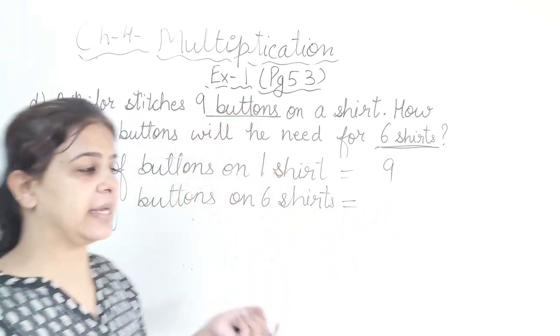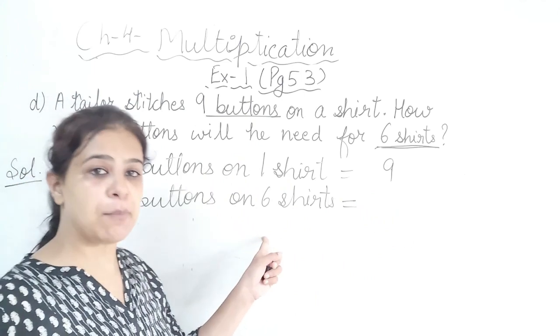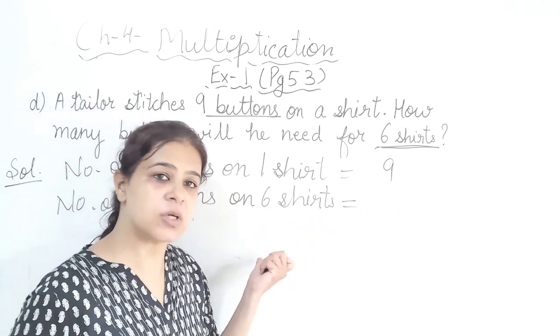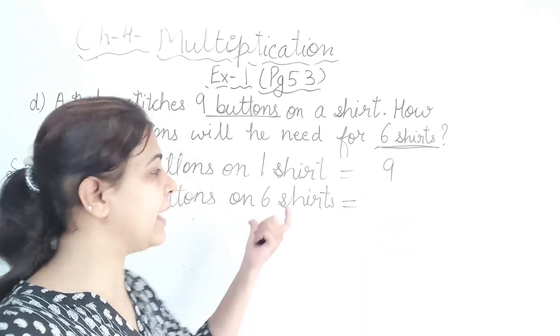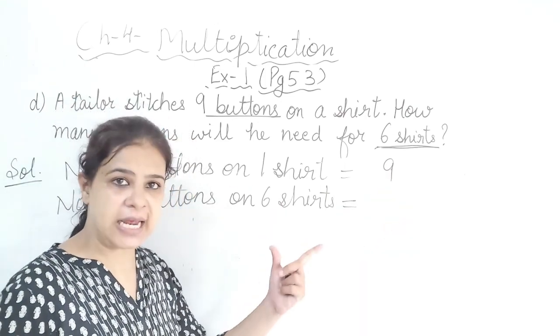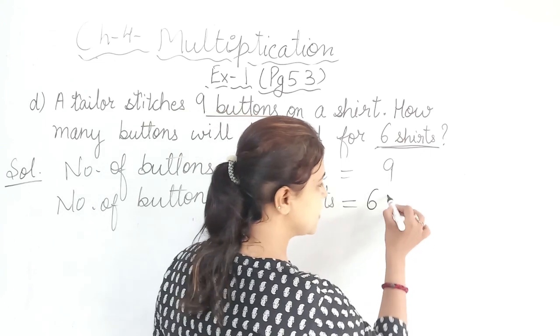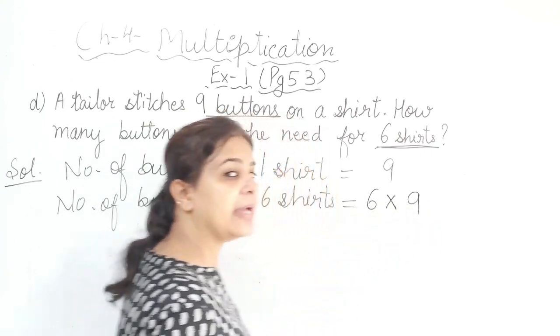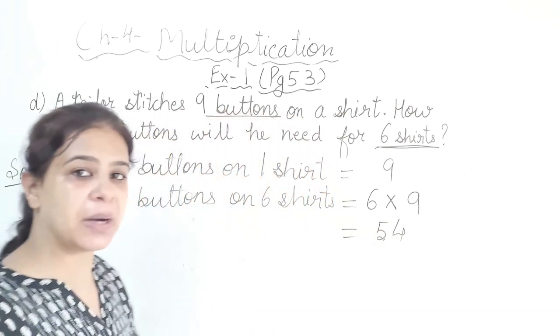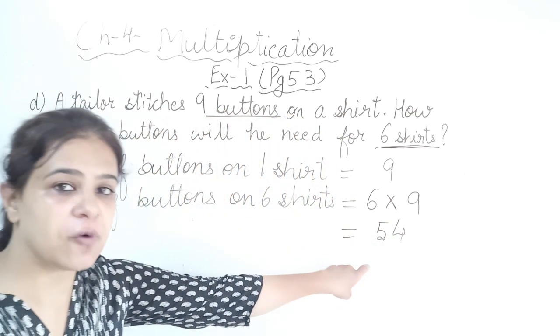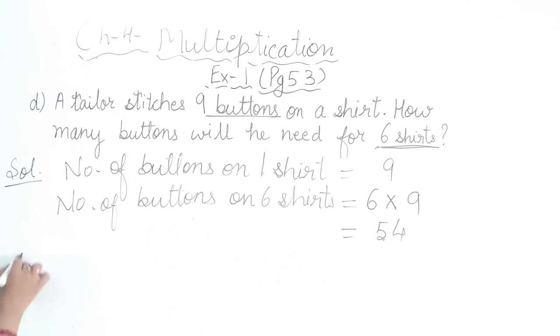So what will I write? Was the number 6 repeating or the number 9 repeating? This 9 was repeating. And how many times? 6 times. So I will write 6 multiplied by 9. 6 nines are 54. So the total number of buttons is 54. So I will write down the answer here.